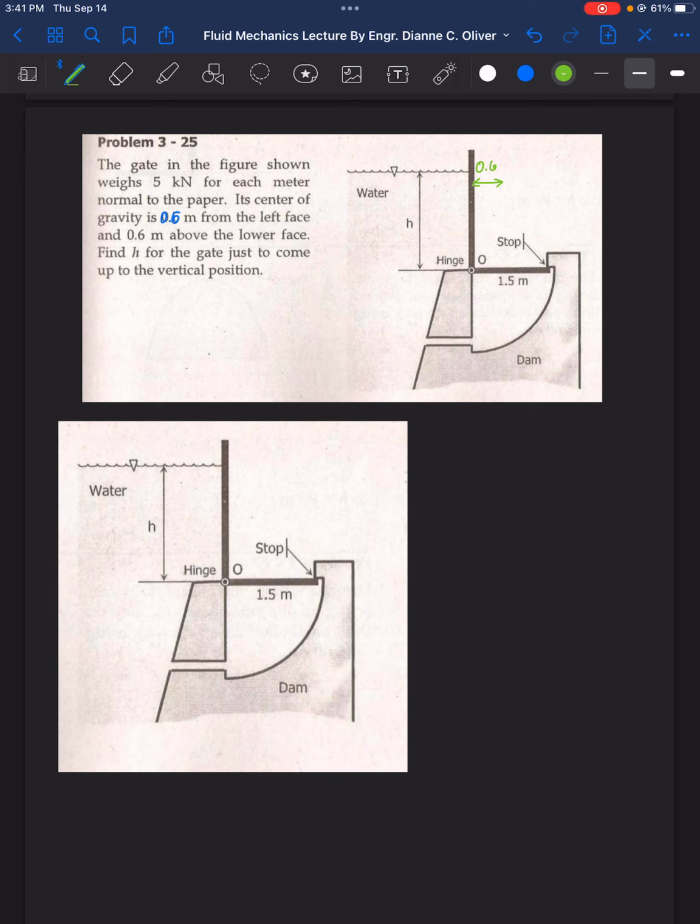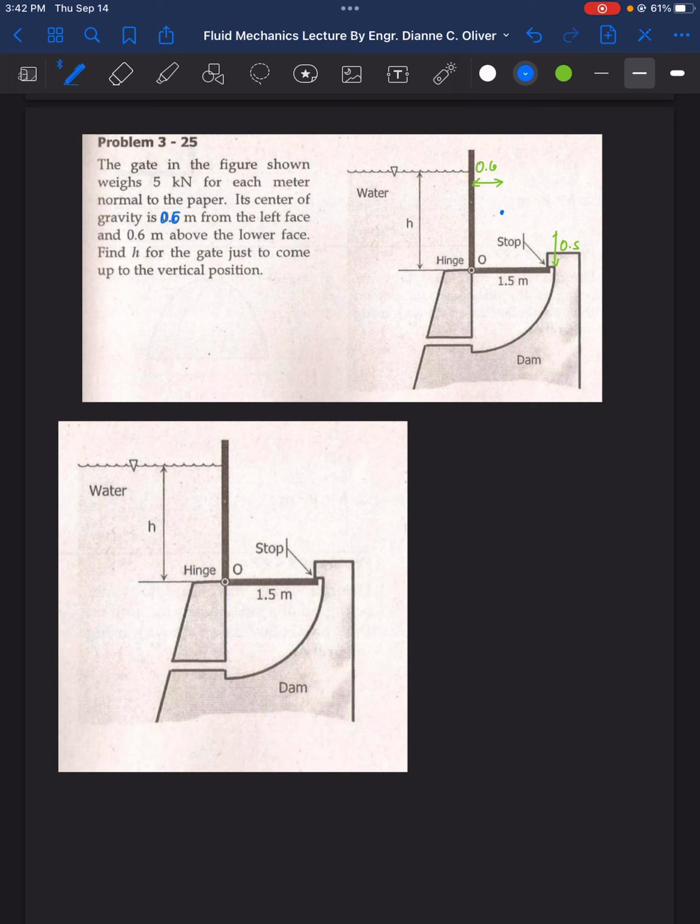There is an interchange here, so maybe that is 0.5 or 0.6, we don't know, but the location of the weight here is 0.6 from the left face.